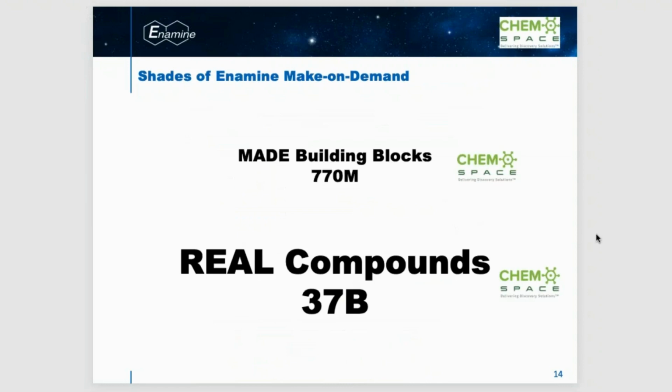A few words about the types of the compounds that we offer. Most of you are familiar with the REAL compounds, which are the screening compounds we provide, and we also have a set of make-on-demand or MADE building blocks available for search and purchase.